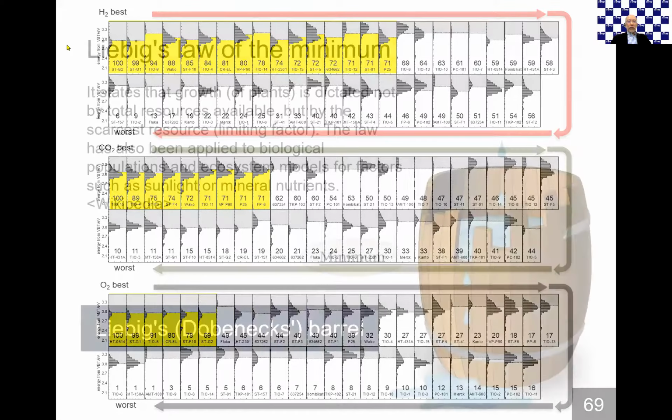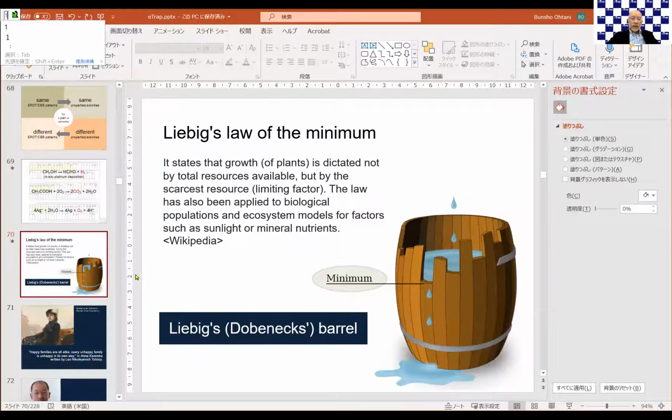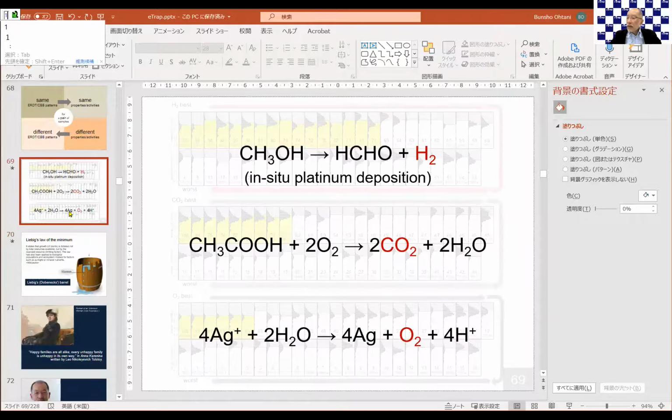Okay, so that's the brief introduction of our technique for solid samples, especially semiconductors. The application of this technique is not limited to metal oxides, but we have not had so many chances to measure many kinds of different samples.